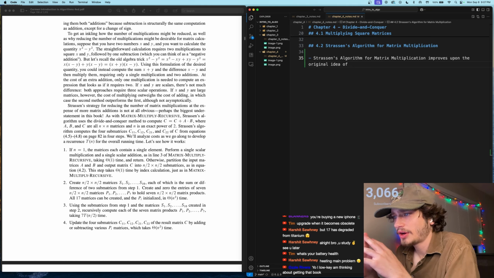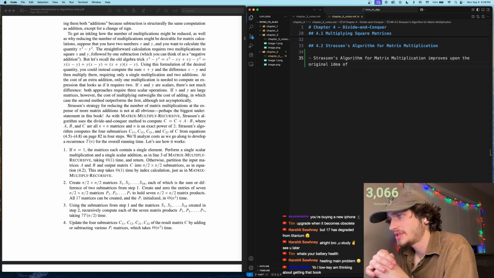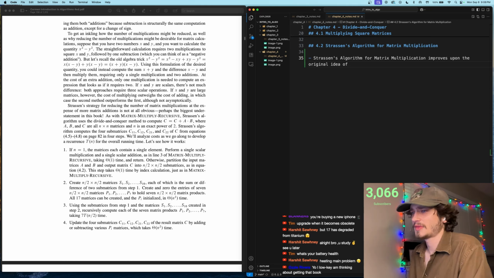Step 2. Create n over 2 by n over 2 matrices S1, S2, all the way up through S10, each of which is the sum or difference of two submatrices from step 1. Create and zero the entries of 7 n over 2 by n over 2 matrices, P1, P2, all the way through P7, to hold 7 n over 2 by n over 2 matrix products. All 7 matrices can be created, and the Pi initialized, in theta n squared time. Step 3.